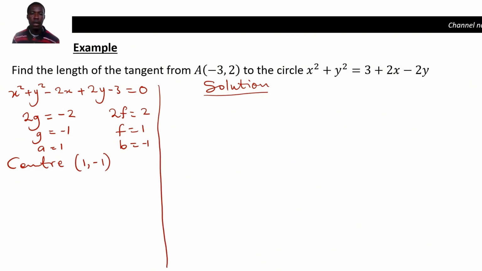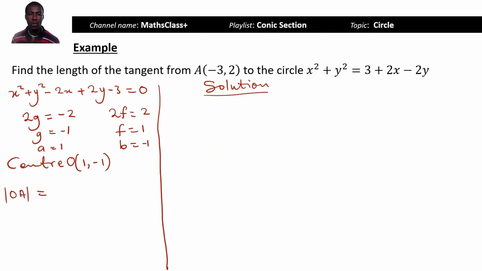Okay, now we have the center. So from the point A to the center, let's label the center as O. And so we are looking for the length OA.